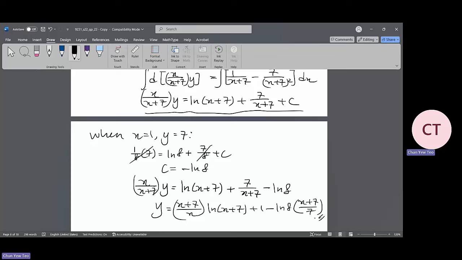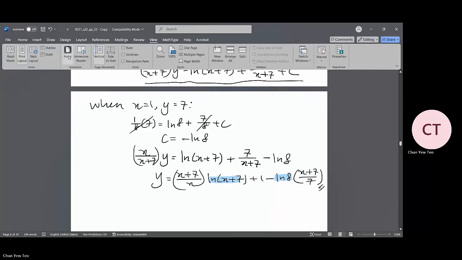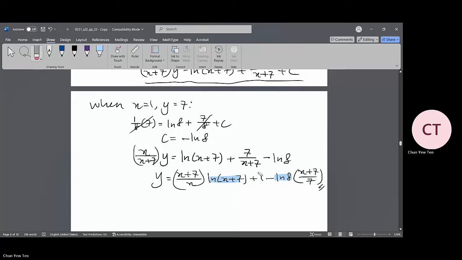Okay, however, these two can combine together. You can see that this is a ln, this is a ln, and they share together. We can combine them together. This is not 7. This part, if you multiply, you get 7 over x.